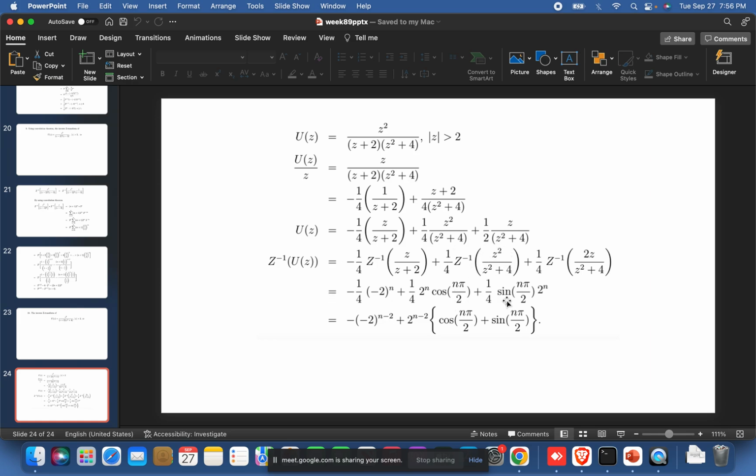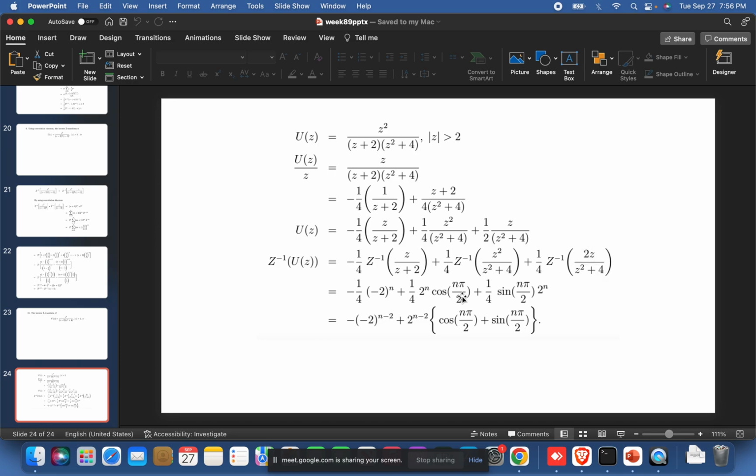Okay, so again just to emphasize, the z transforms of sine n theta and cos n theta are really important, because you need to guess that by doing some manipulation this looks like the inverse z transform of a cosine theta function, and similarly by doing some manipulation on this, it looks like the inverse z transform of some sine n theta function.